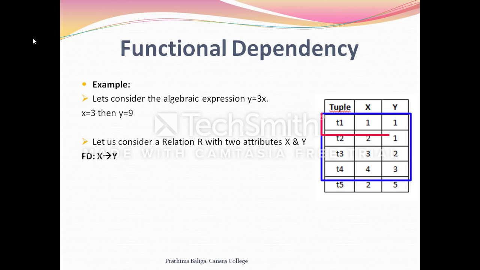In t1, the value of x is 1, y is 1. In tuple t2, x is 2, y is 1. In tuple t3, x is 3, y is 2. In t4, x is 4, y is 3.